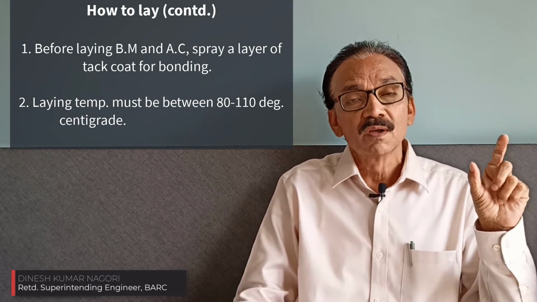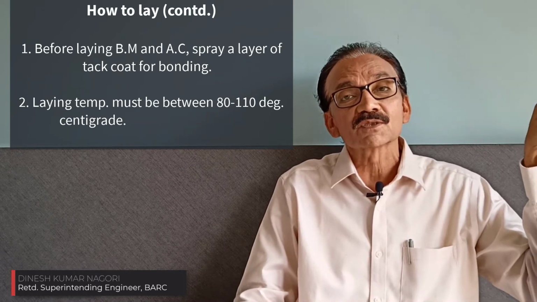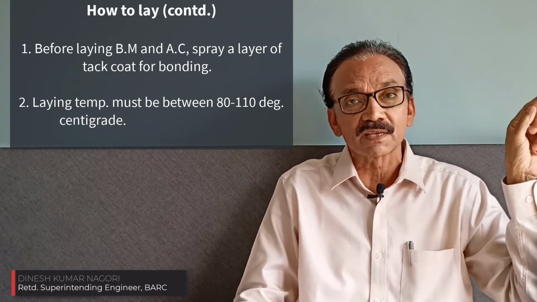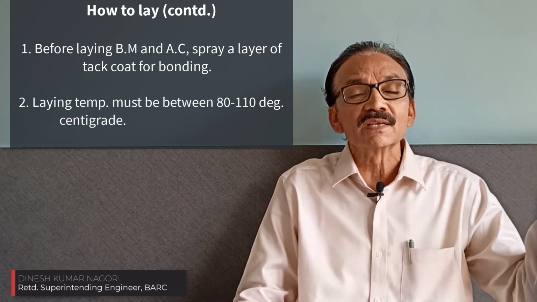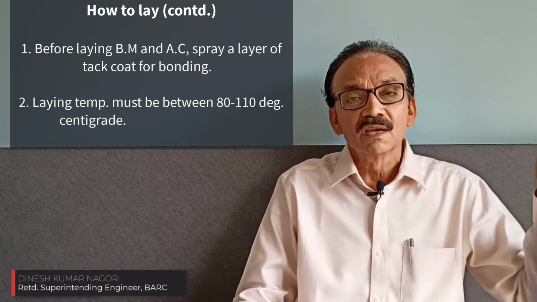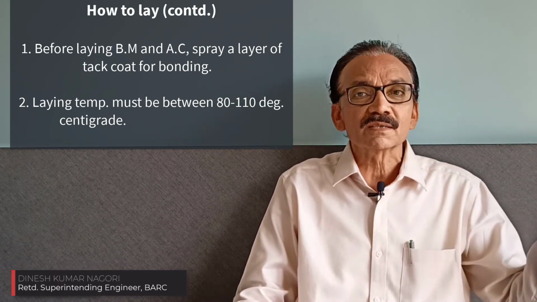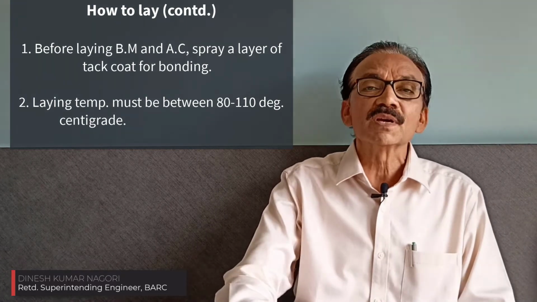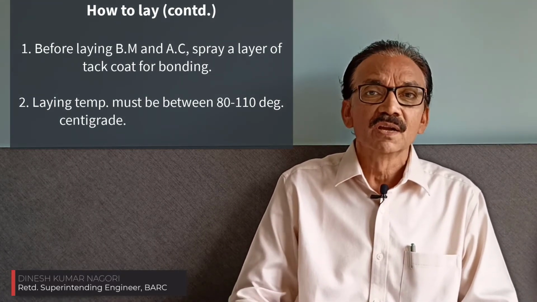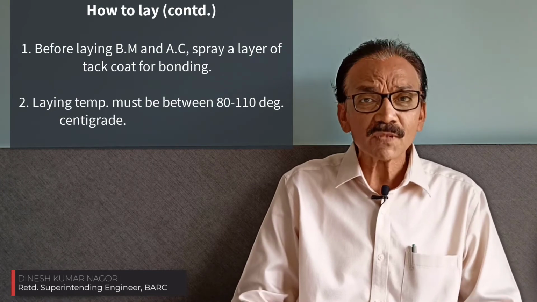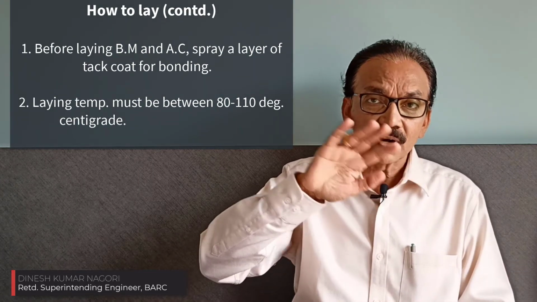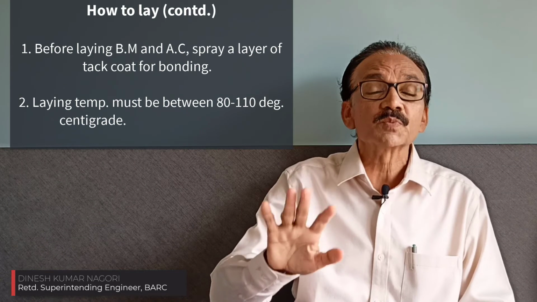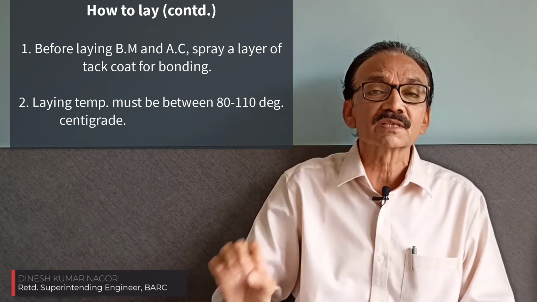It should not be too far, because otherwise you have to produce the asphalt concrete at a higher temperature. Roughly, if it is 15 to 20 kilometers and it is produced at 120 degrees Celsius, by the time it reaches your site it will be around 110 to 107 degrees. It should not be less than that. For that, they cover the dumper with tarpaulin so that the temperature is maintained.